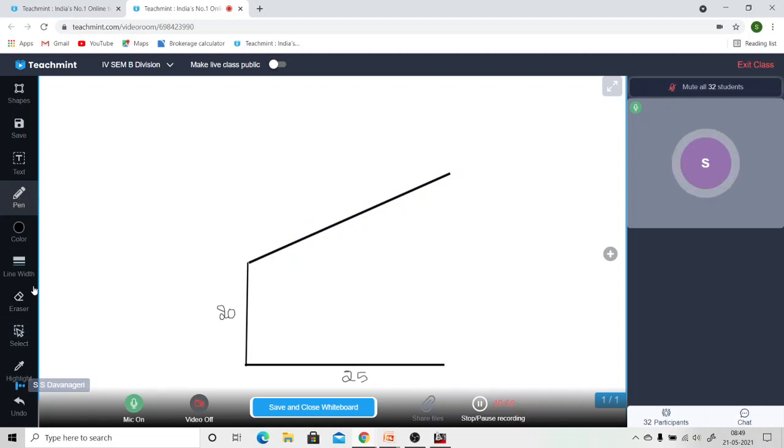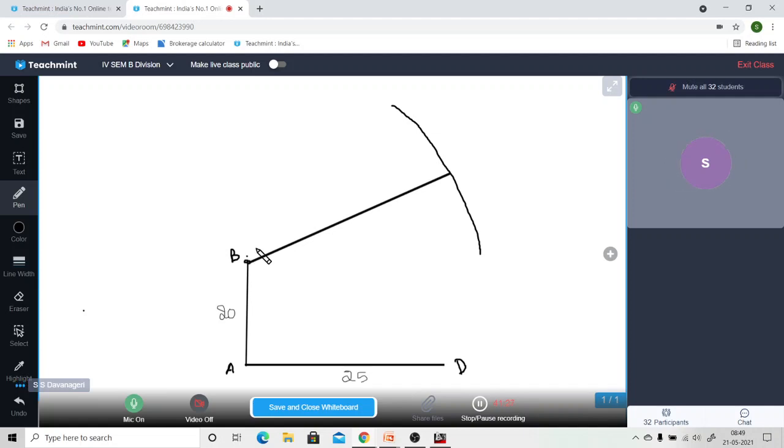Considering this point A, this point B, sorry, this point is B, and this point is D. Now taking B as the center point, with the help of your compass, draw an arc here.